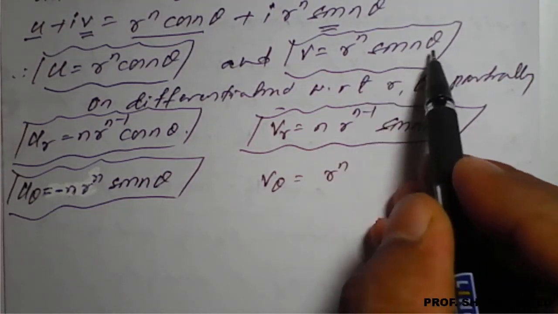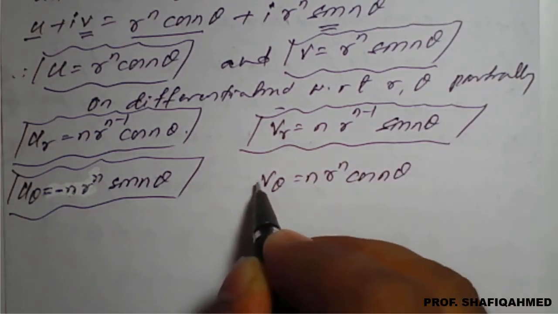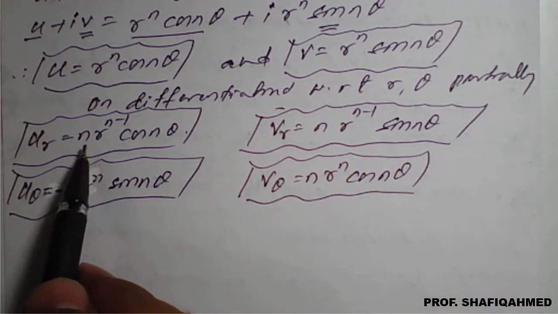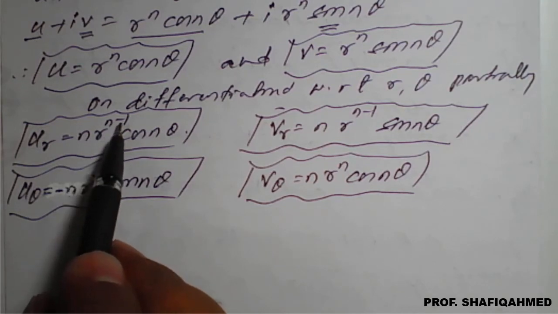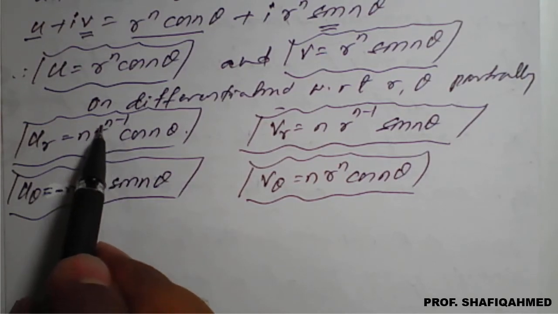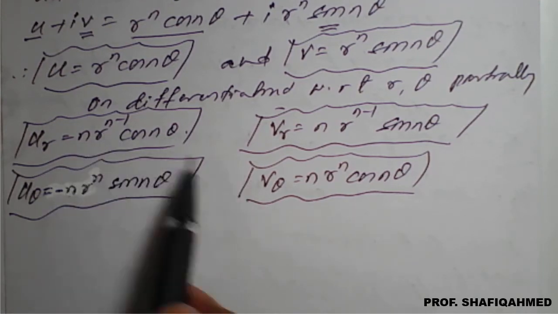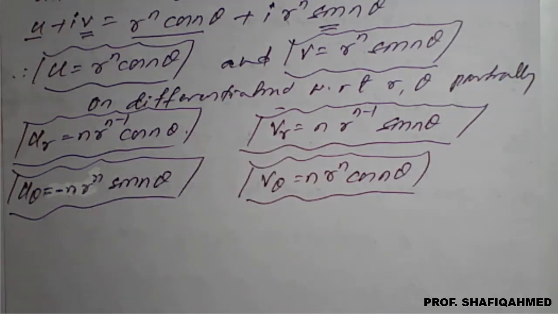The differentiation of sine n theta will be cos of n theta into n, that n we write here. And you can observe here, if you simplify this, r raised to n minus 1 can be written as r raised to n divided by r. Which satisfies the CR equation of the first condition, and this too will satisfy the CR equation for the second.